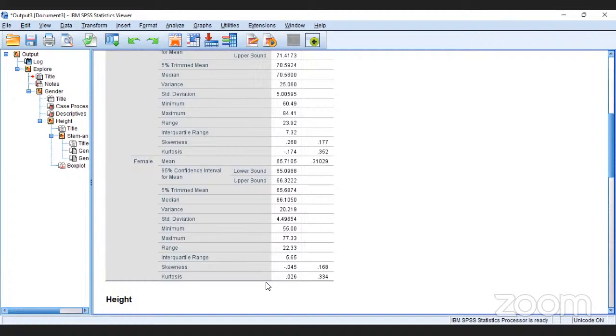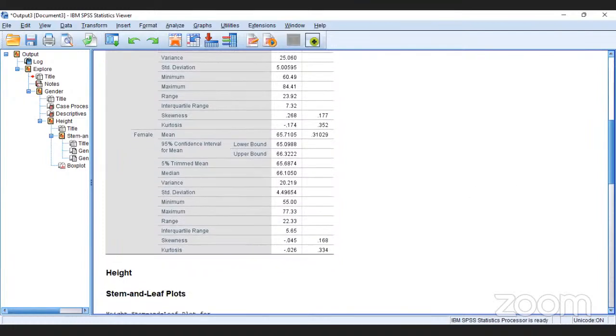So if you gather 100 women, you may have 60 that are short and maybe 40 that are tall. But for men, if you gather 100 men, you may have the reverse: 60 that are tall and 40 that are short. That's why we have that positive and negative skew, right? So I hope that explanation is clear.